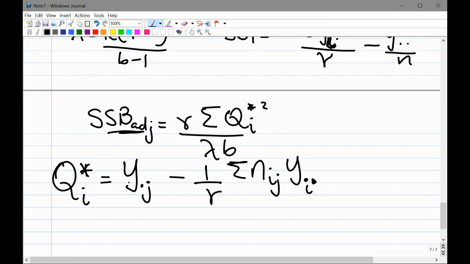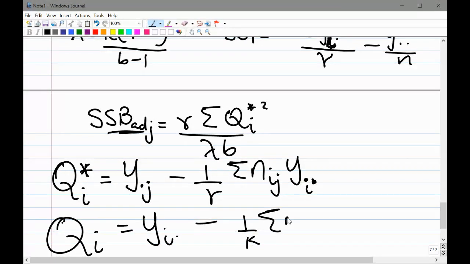Because if I write it like this, you know this one is for what? The second Q is when you want to find the Q's for what? You'll be guided again by the first part here. You are using the totals for the treatments, so it means here you are adjusting the treatment.